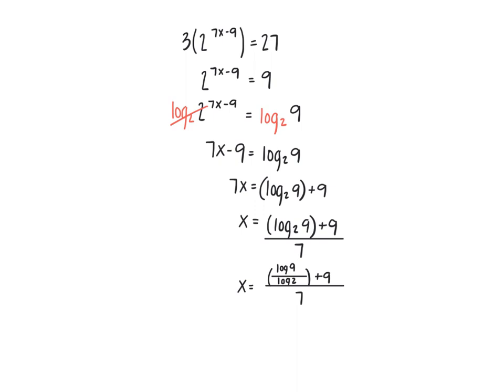And remember, both of these are now base 10, so I can just plug that into the calculator. And my final answer is x equals 1.74 rounded to the second decimal place.